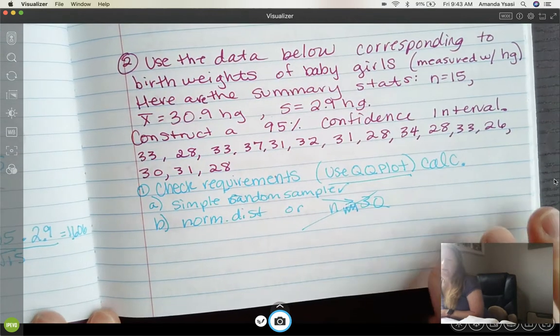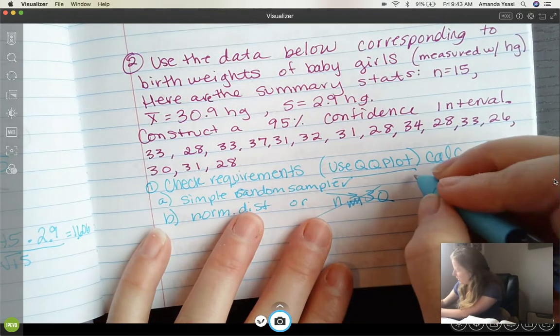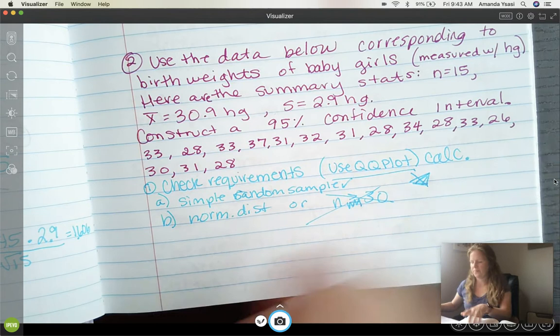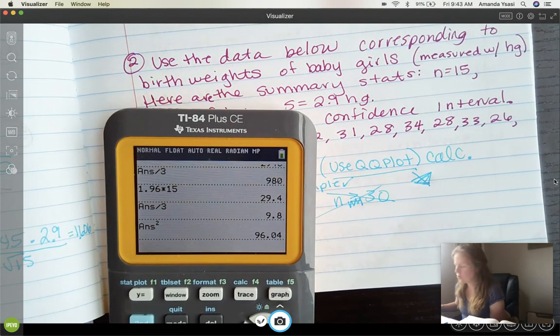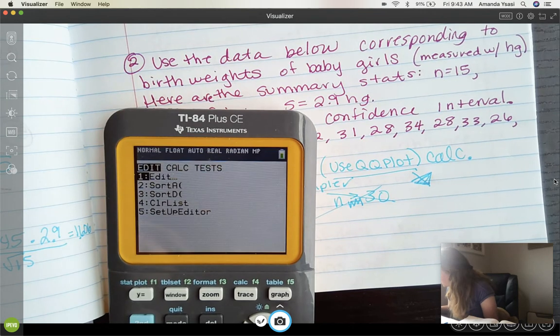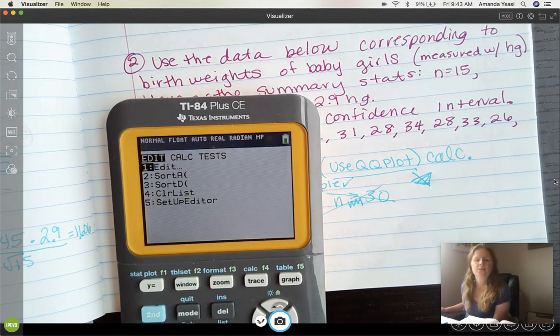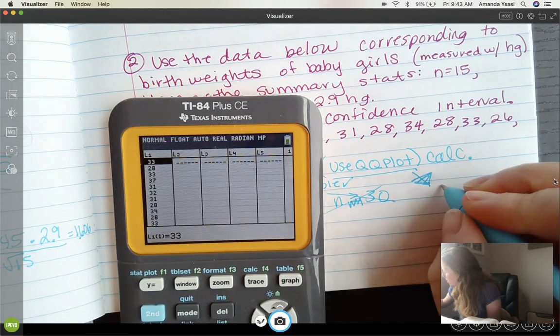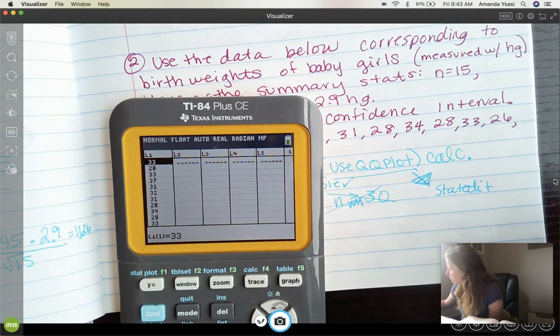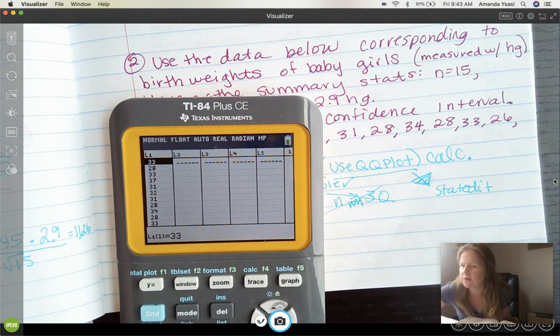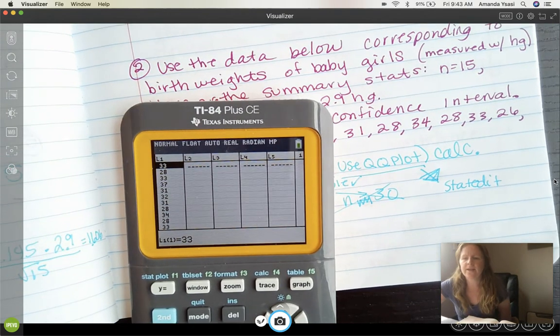All right. So I'm going to show you how to do a QQ plot in your calculator. First thing you want to do is go to stat and then edit. So stat, edit.